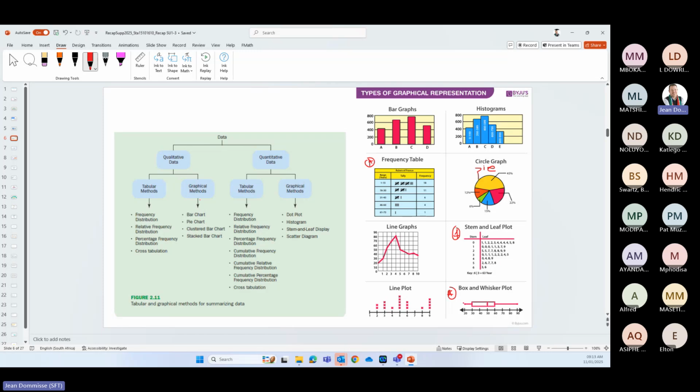Box and whisker will give you a minimum value, where we have a minimum in the stem and leaf. The box and whisker will give you the maximum where we have a maximum in the stem and leaf. The box and whisker will give you Q1, and we can work out what Q1 is.